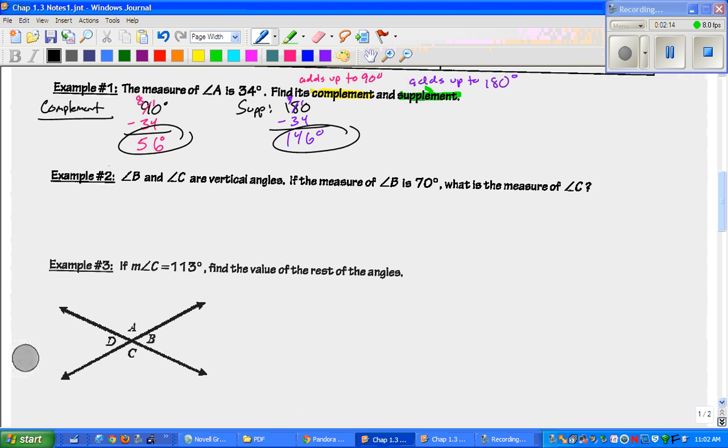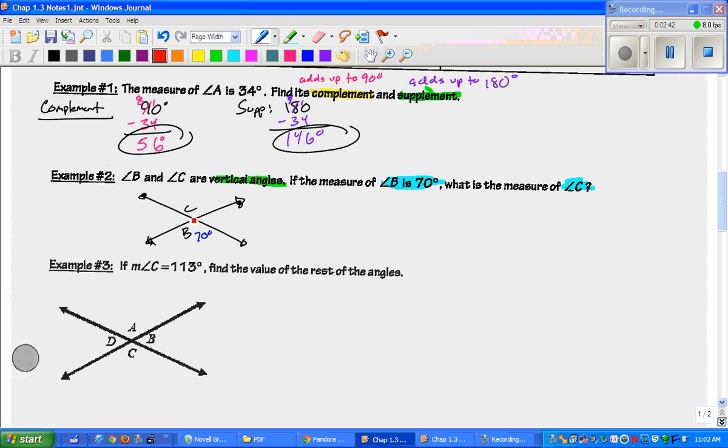All right, example number 2 says angle B and C are vertical angles. If B is 70 degrees, what is C? Real quick, I like to draw a picture. So here's angle B, there's C, and they told us that B is 70 degrees.